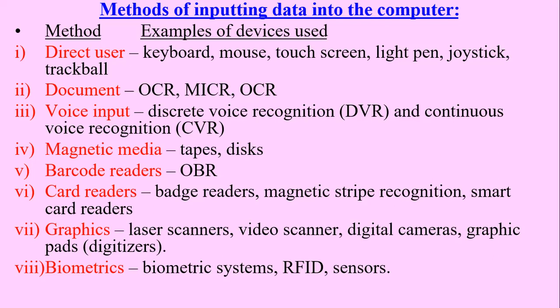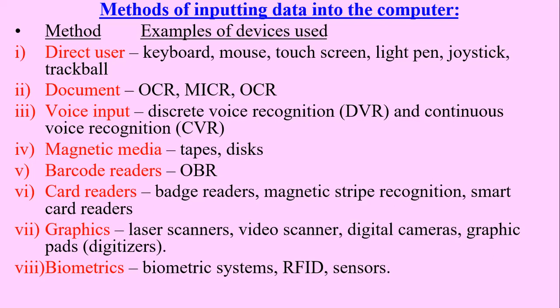It includes devices such as the OCR, MICR, and OCR. The third method is called voice input. This method entails the use of discrete voice recognition, that is DVR, and continuous voice recognition that we abbreviate as CVR. The fourth method is magnetic media, which includes the use of tapes and discs.